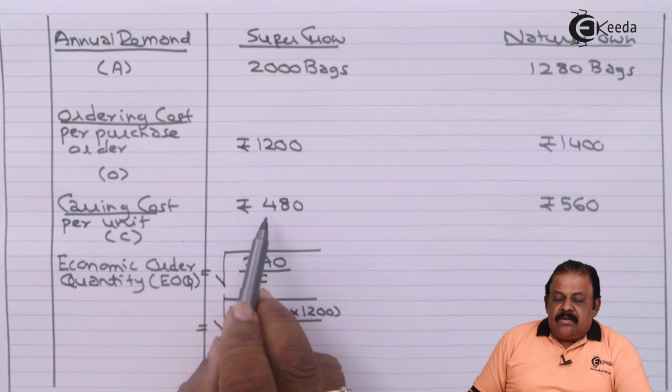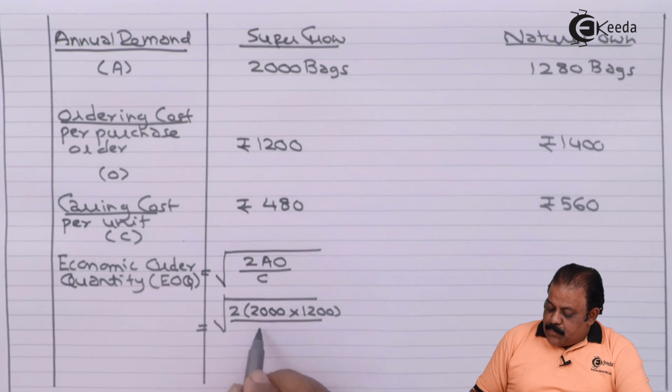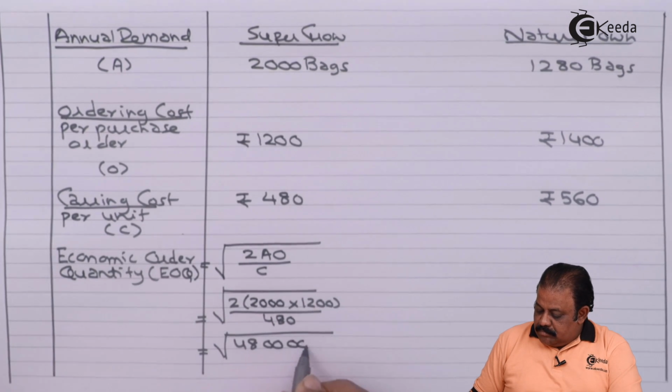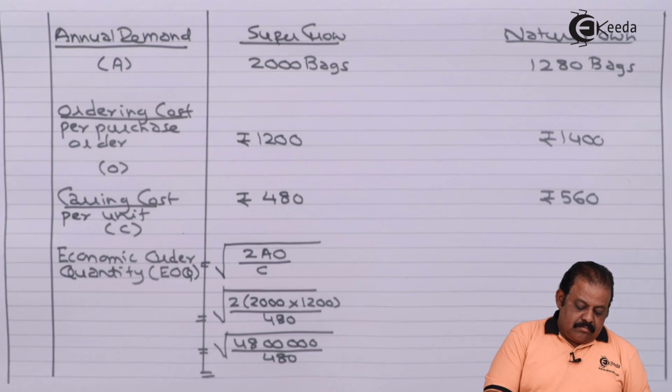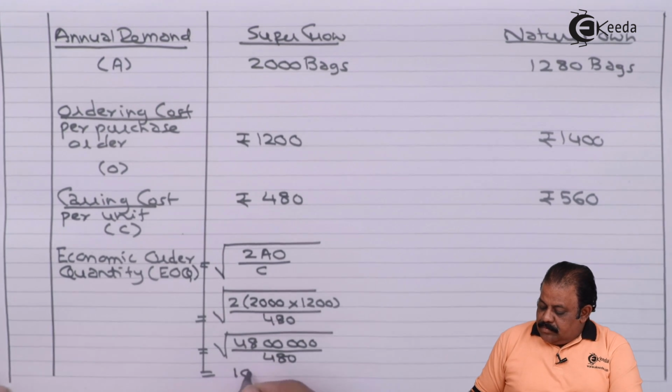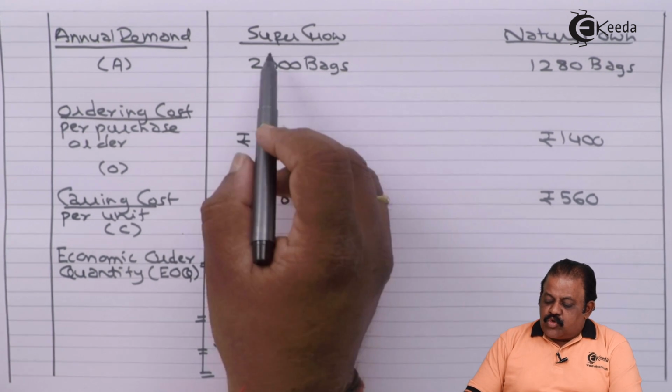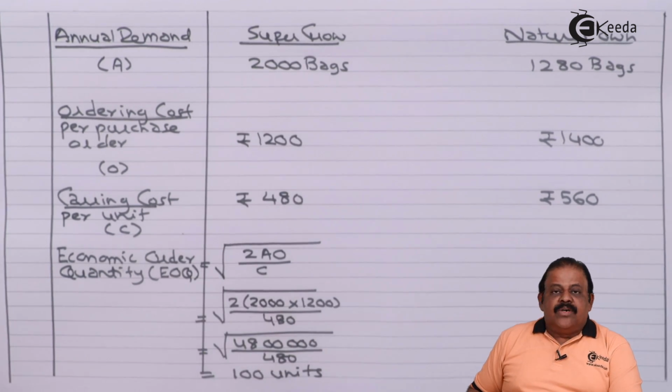Carrying cost per unit rupees 480. Economic order quantity for Super Grow is 100 units.